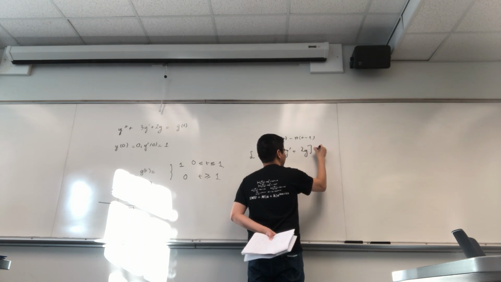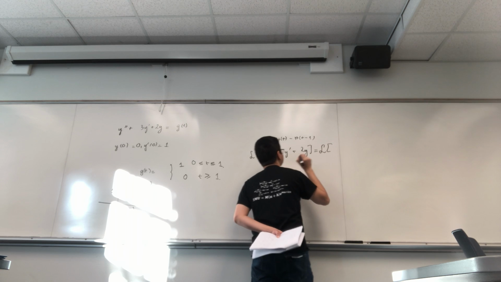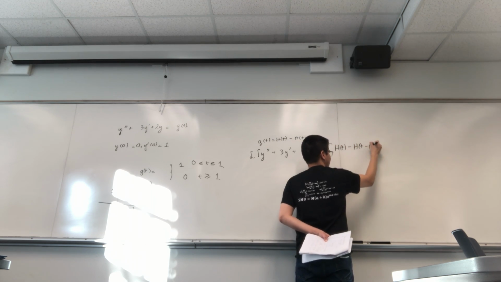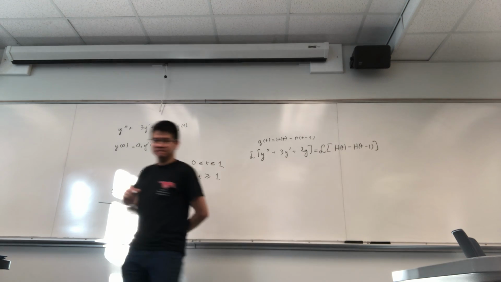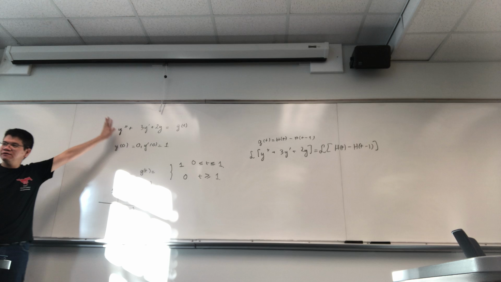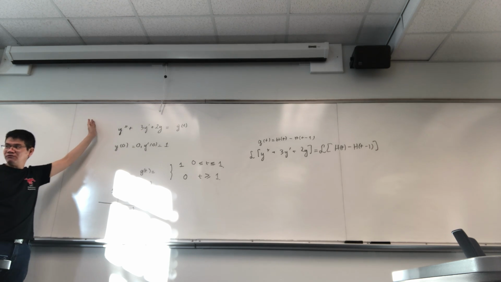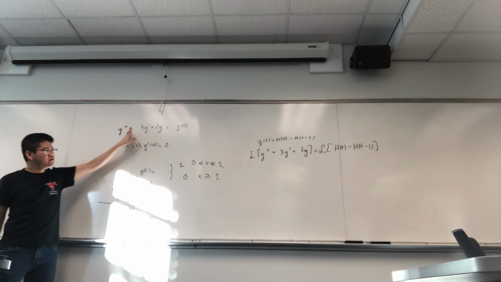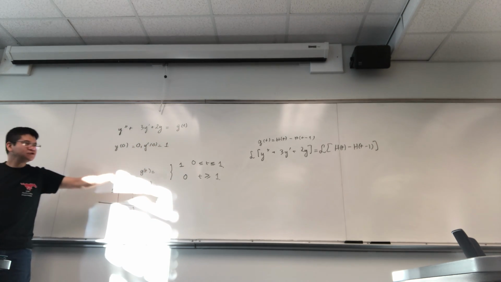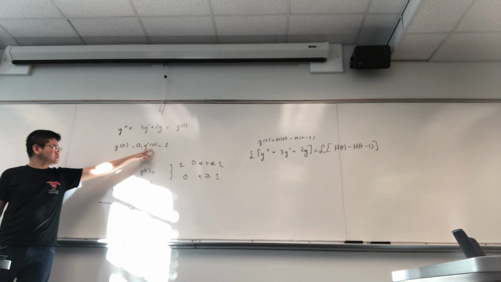I explain again, this is the equation that we were trying to solve last time: y'' + 2y' + 2y is equal to g(t), y(0) is 0 and y'(0) is 1.